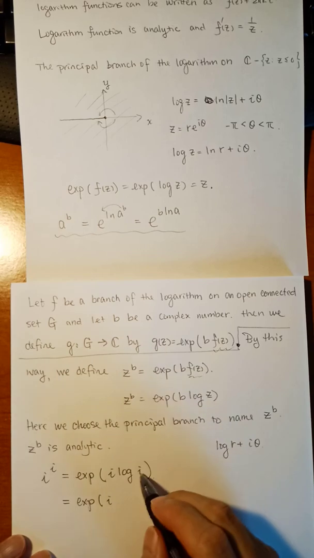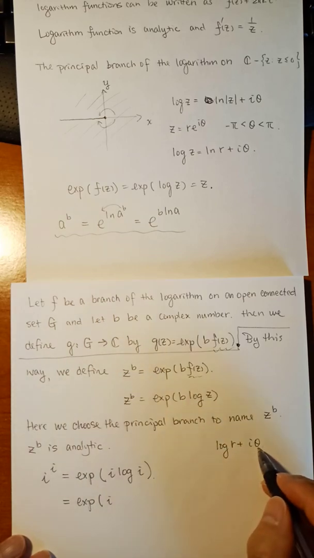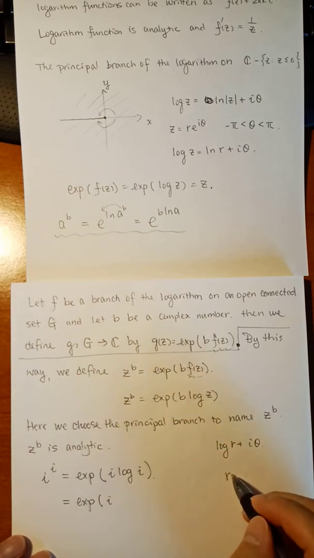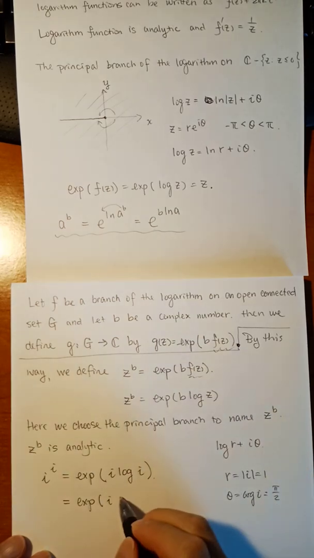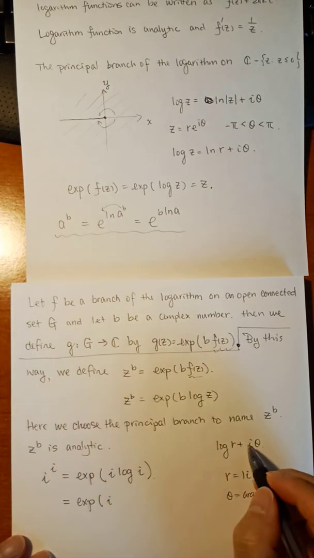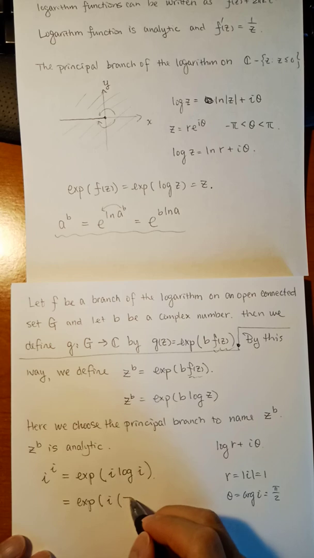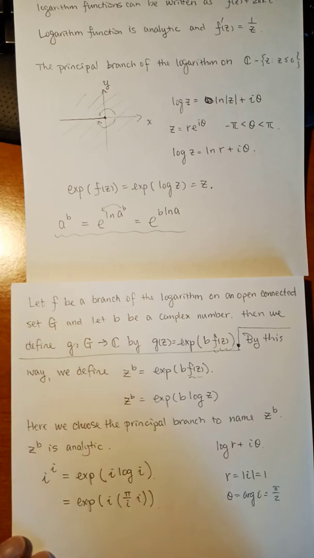real part. The argument of i is pi over 2, right? So it's just pi over 2 times i. Right?